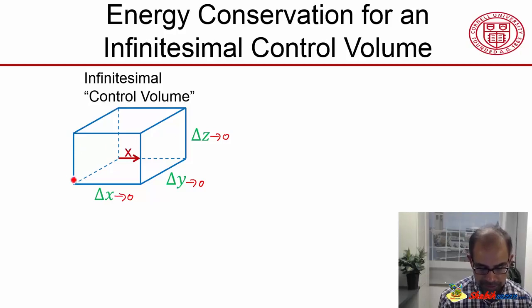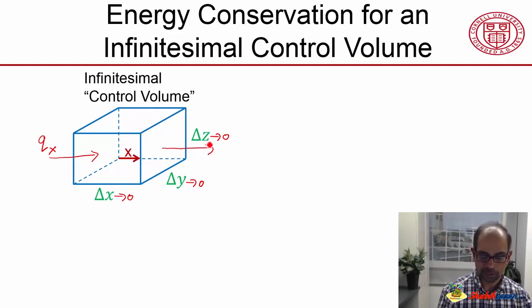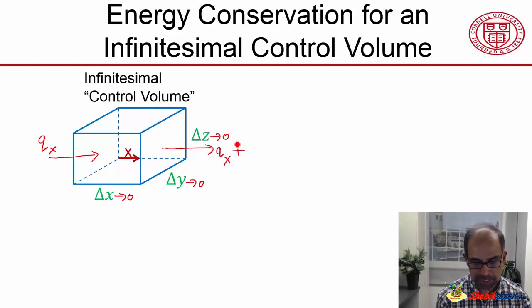Let me consider this face here. There is a heat flow through that face, which I will denote as Q sub x. This is a heat flow in, and then there is a heat flow out through that face, which I will denote as Q sub x plus delta x.